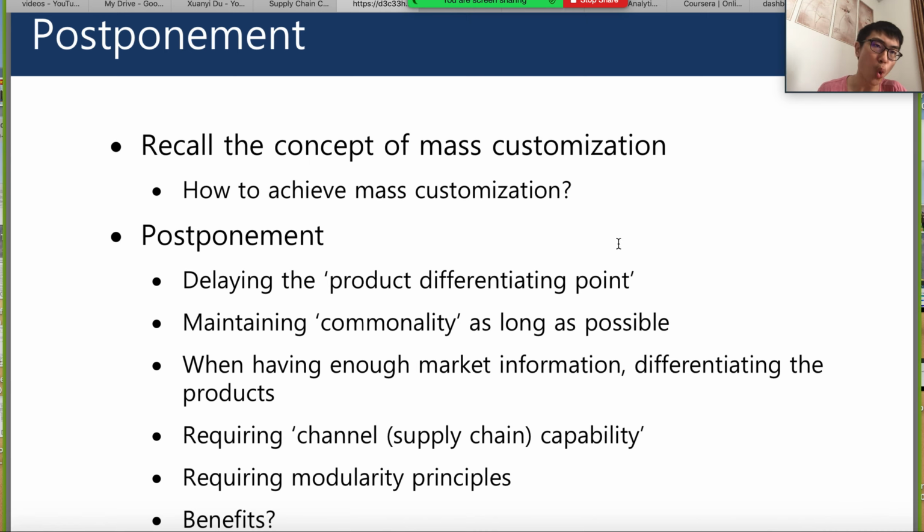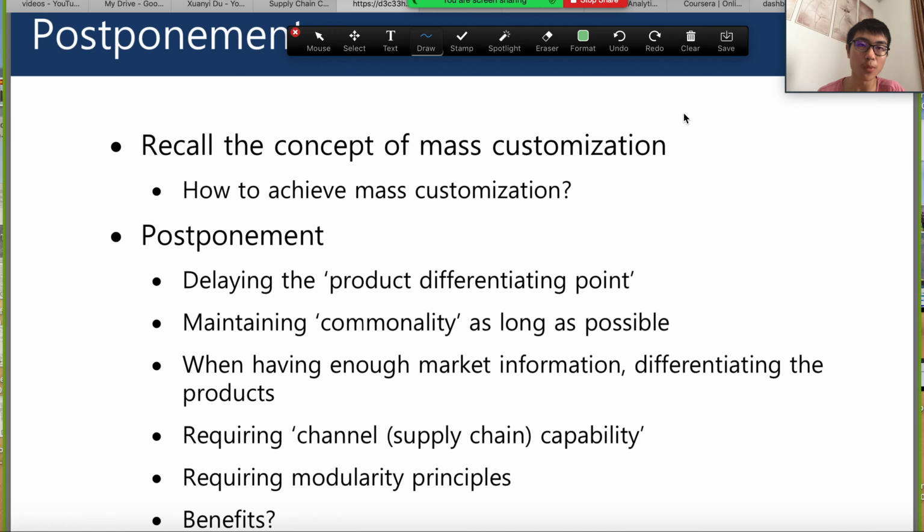If you recall from our last lecture, we discussed mass customization. Remember our diagram on blue ocean and red ocean. We have a linear graph, where the x-axis is the quantity, how many products are produced, and the y-axis is the customization.